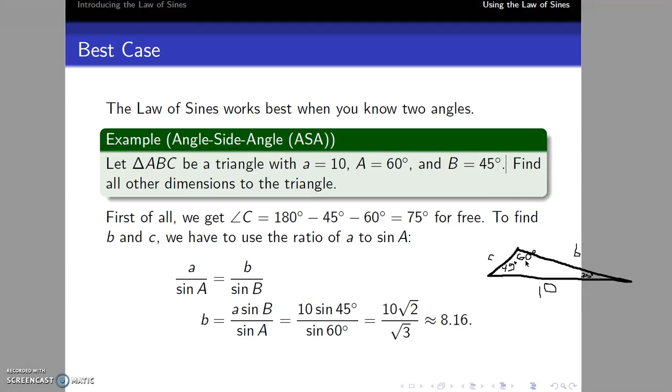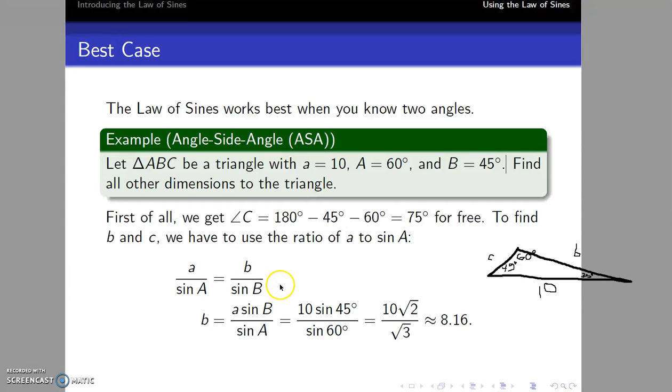So I'm going to use that along with either B over sine 45 or C over sine 75 to find B or C respectively. And we do that in two goes. We take two passes. First we find B using A to sine A equaling B to sine B. And then we will do it again, A to sine A equaling C to sine C, to find our remaining side.